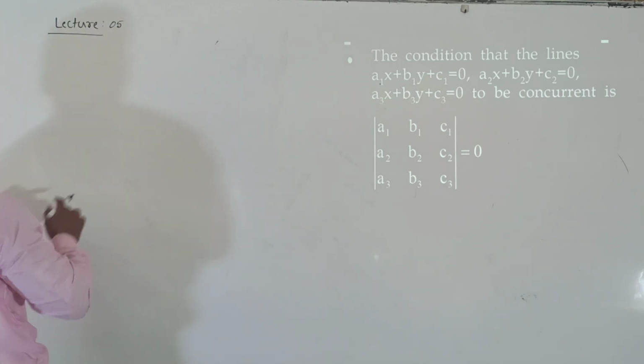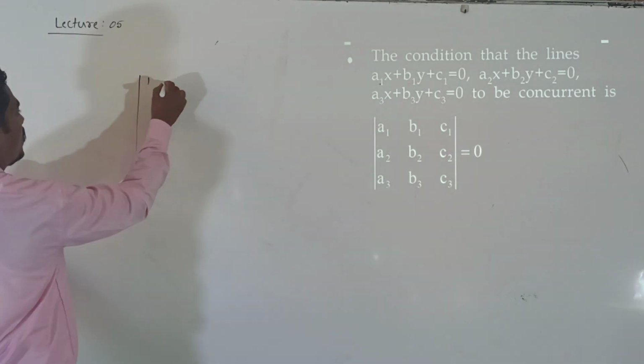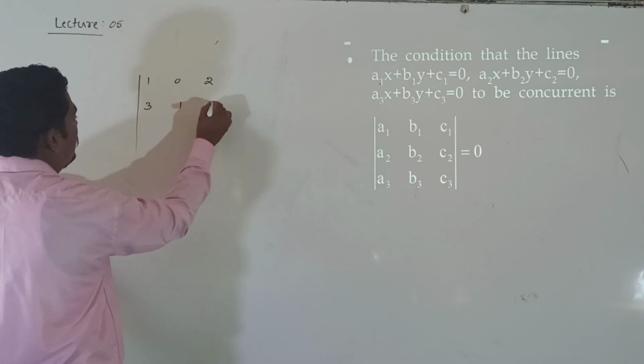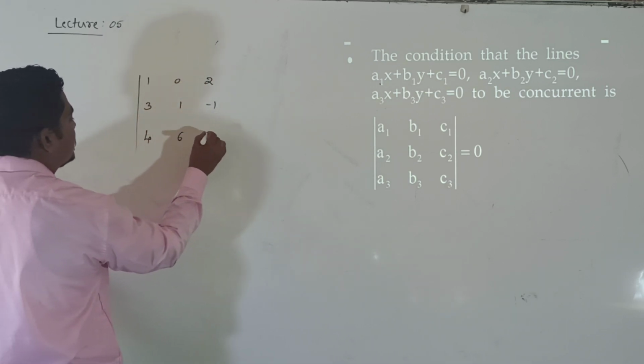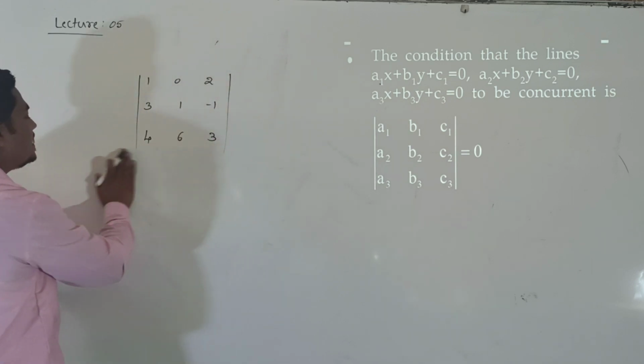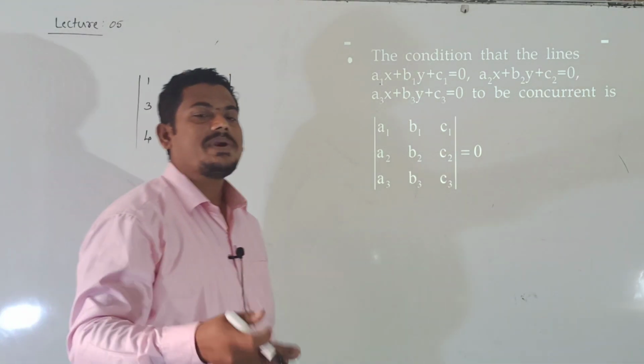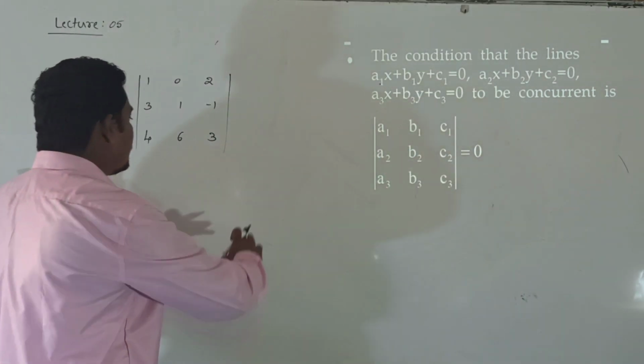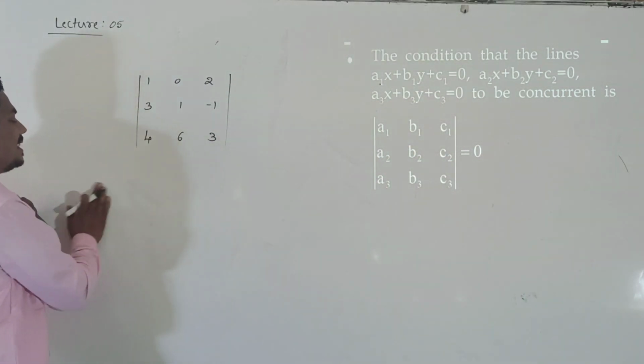Evaluate, suppose the determinant 1 0 2, 3 1 minus 1, 4 6 3. This is one determinant. How to evaluate a 3 by 3 determinant?